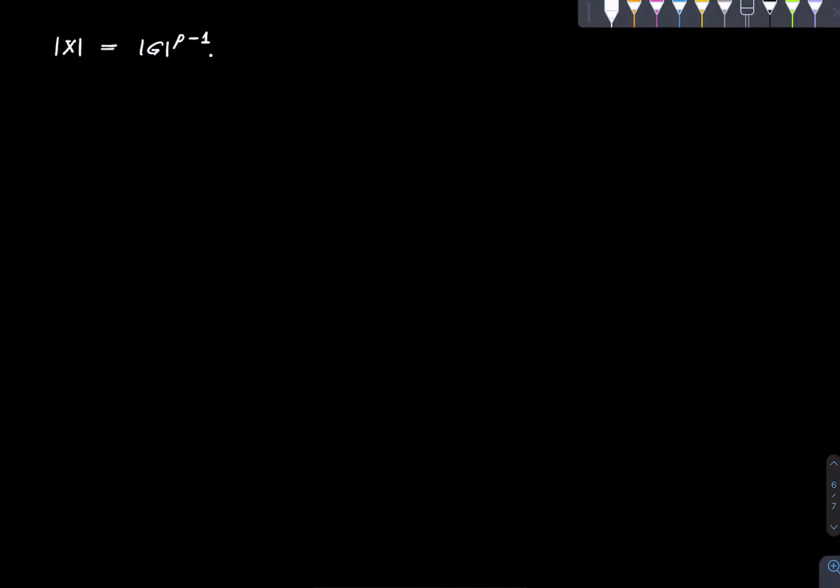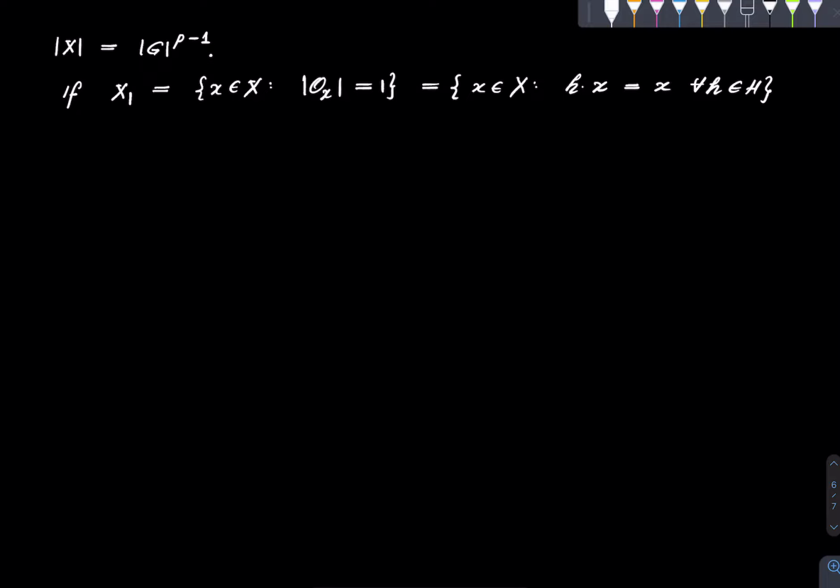And now, if X1 is those things such that the orbit of x has size 1, which as we saw is nothing but those things which are fixed by each element of the group H, then by the previous lemma, cardinality of X is congruent to cardinality of X1 modulo p.